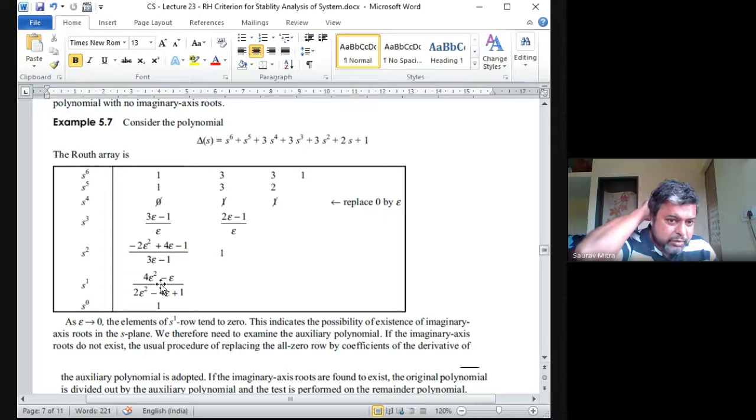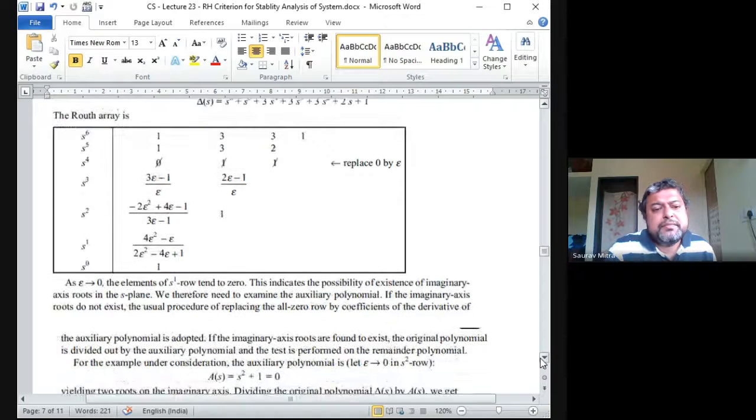Now is the real problem. Okay, if this epsilon is very small, can you tell me what is the s cube first term? This term again becomes negative. Is it understandable, Vinay? 3 epsilon minus 1. The epsilon value is very, very small. Take 0.00000001. That means 3 into 0.00000001 is much less than 1, so the first term is negative.